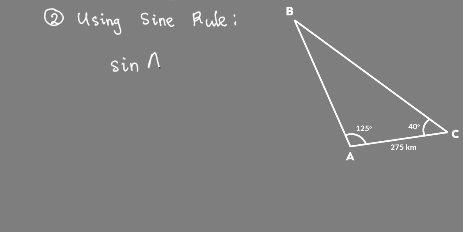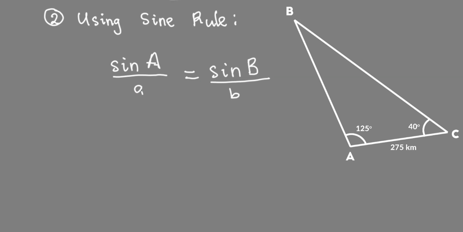So sin A over the side opposite angle A, then sin B over b. We have the distance b, we have the angle at B, and we have the angle at A. So finding a is very simple.